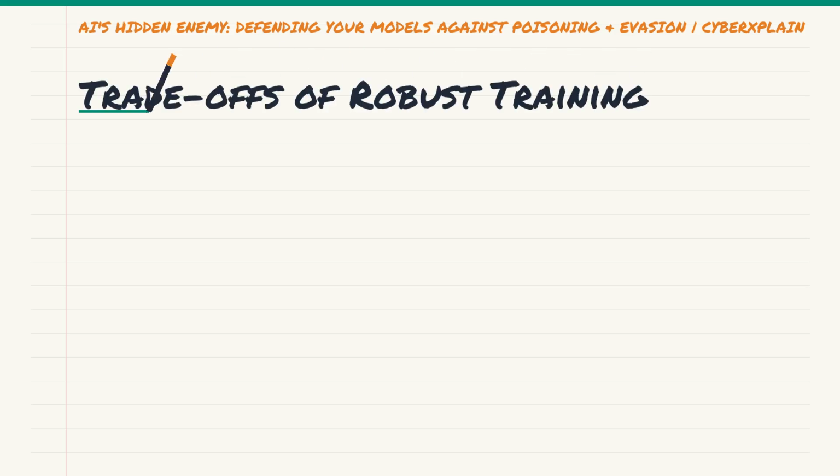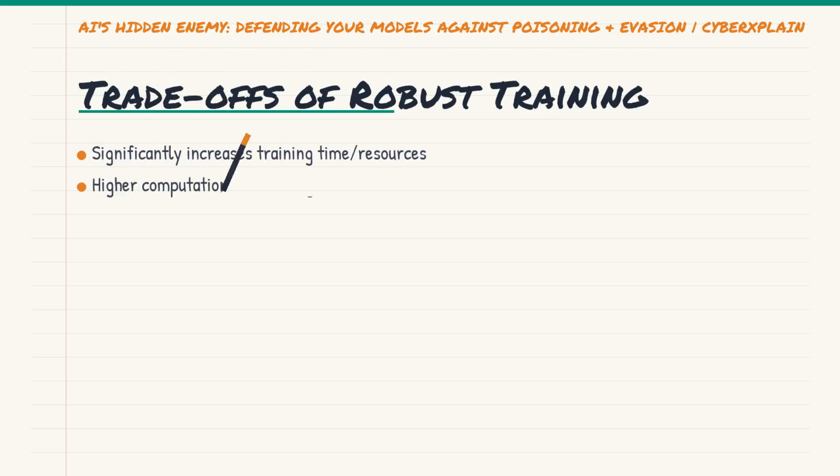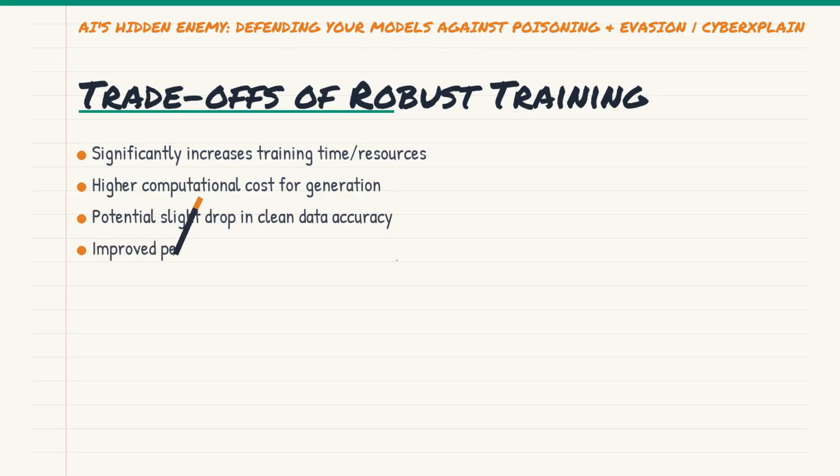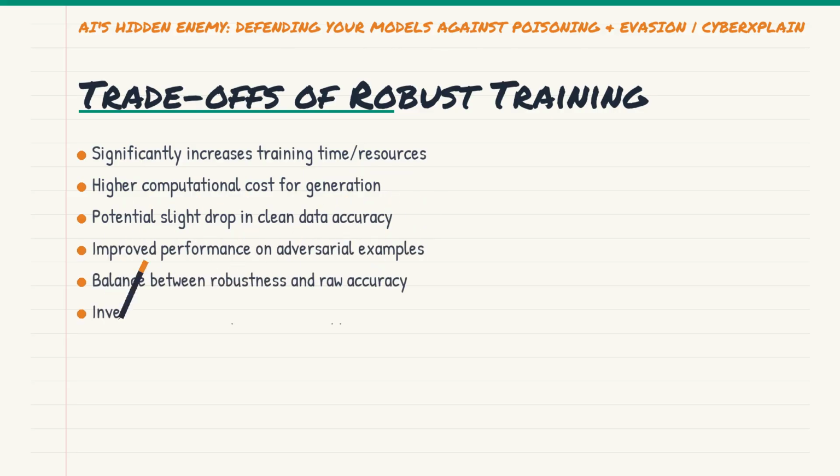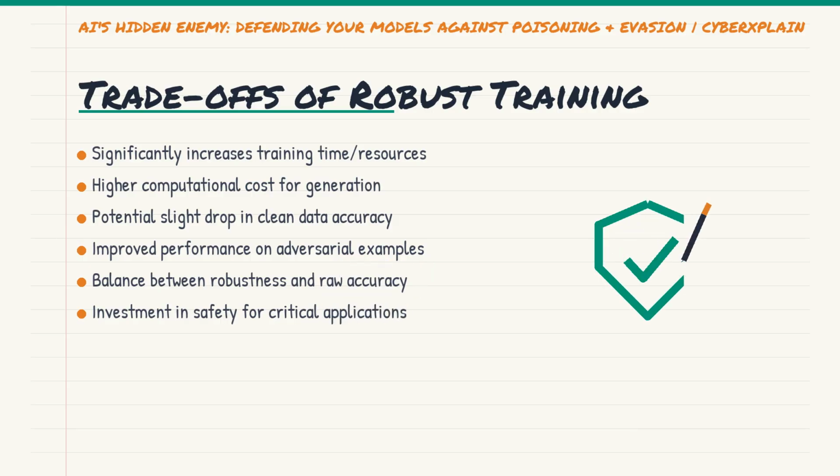Robust training, particularly adversarial training, comes with its own set of trade-offs. The biggest one: computational cost. Generating adversarial examples on the fly and training on them significantly increases the time and resources needed for training.